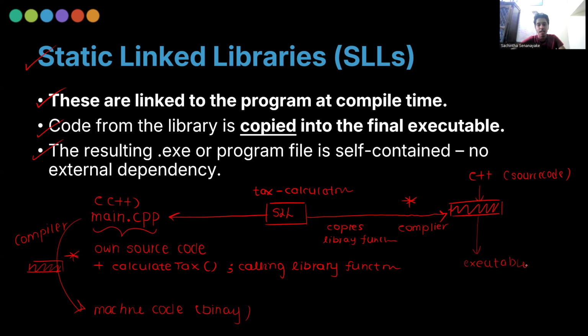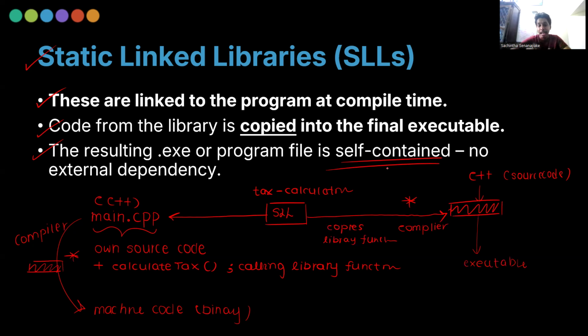So in essence, what happens with static link libraries is that when you call a library function from a static link library, the compiler has a responsibility of combining your source code with a literal copy of that function embedded within that source code. You understand that? As a result, you end up with an executable that is standalone. It is one final self-contained exe that has no external dependency, right?